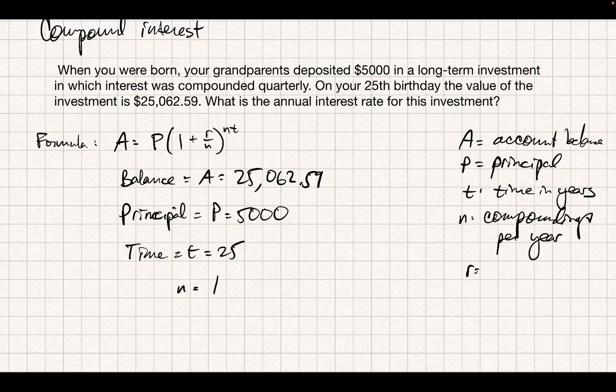r is the annual interest rate. We're trying to figure out the r. Is the n equal 4 or 1? n equals 4 times per year.